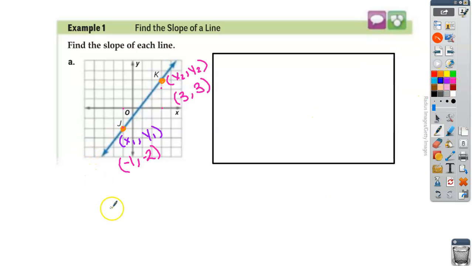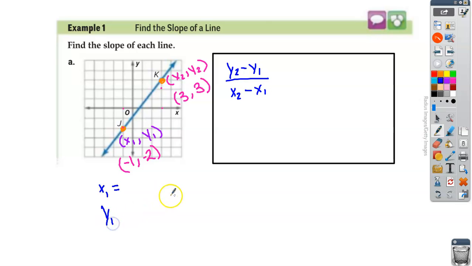Now, what I usually recommend to students who have troubles with formulas, I recommend that they label all the parts. So my formula is, again, y2 minus y1 over x2 minus x1. That's my formula. Now, I'm going to make a little kind of like key over here where I'm going to put all my information that I need in.